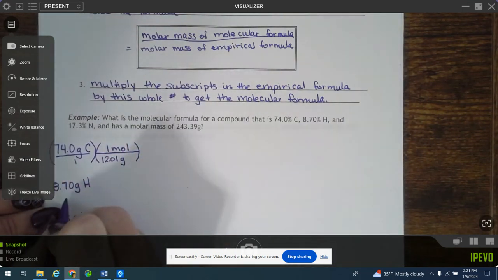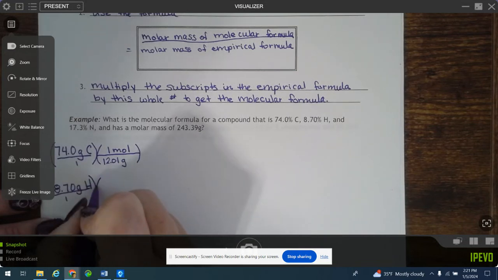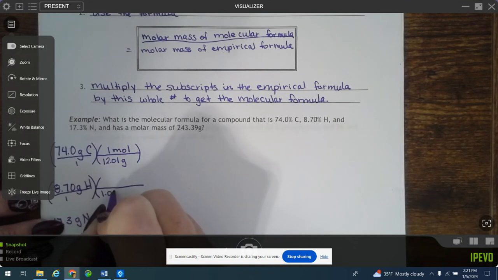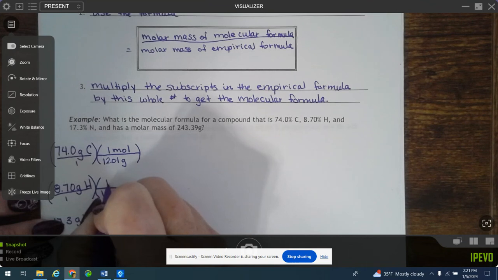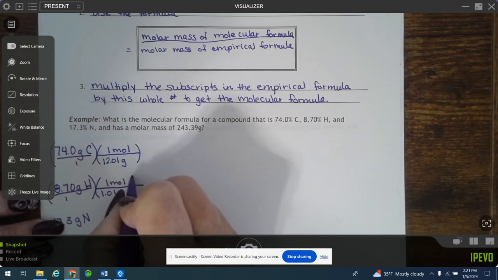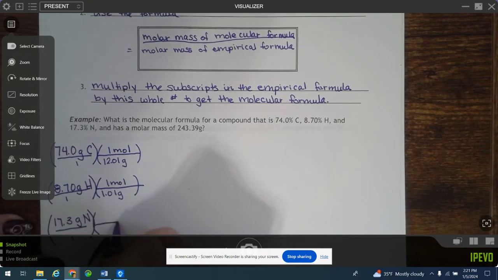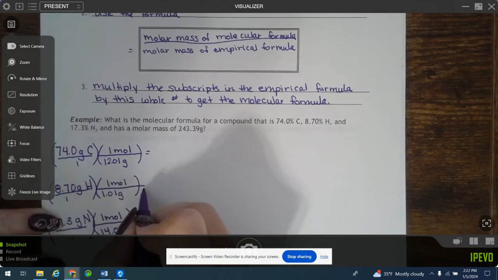Hydrogen, we're going to convert hydrogen to moles, so the mass goes on the bottom. 1.01 grams is the molar mass of hydrogen, and that's 1 mole. And then nitrogen, the molar mass from the periodic table is 14.01 grams, equal to 1 mole. Now we're going to do these calculations.